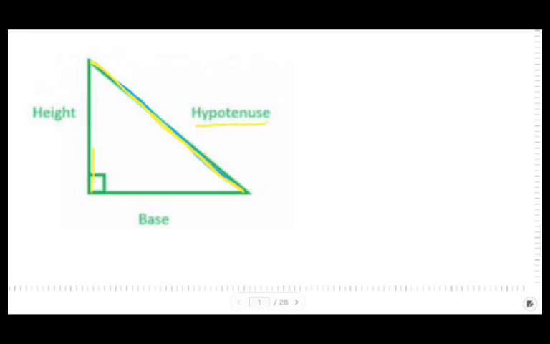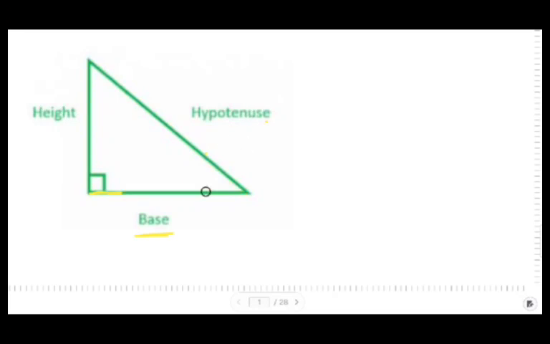The altitude of the triangle is called the height. And then we have a sleeping line called the base. So there are three things. How will you identify the hypotenuse in a right angle triangle?